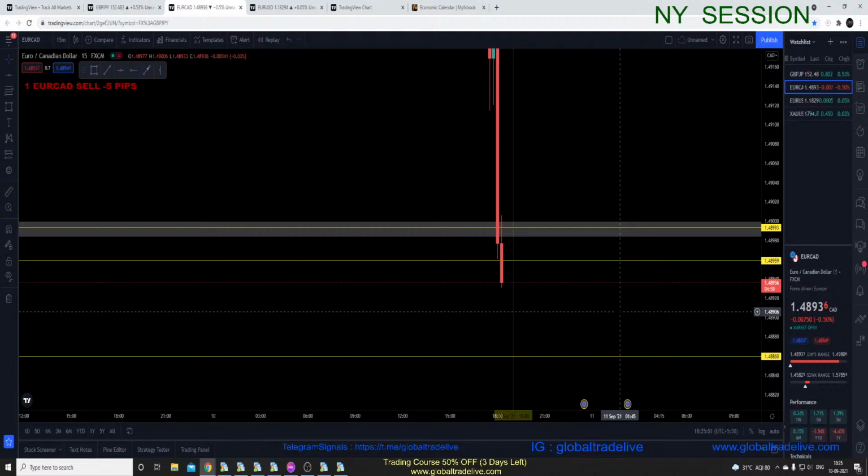So 5 minutes are left for the current 4-hour candle to close. Oh, it's pushing down.